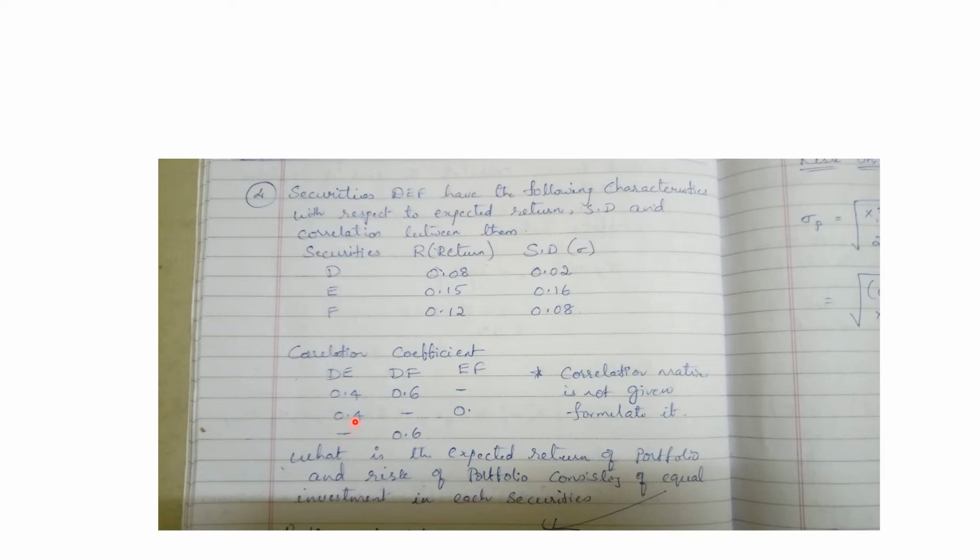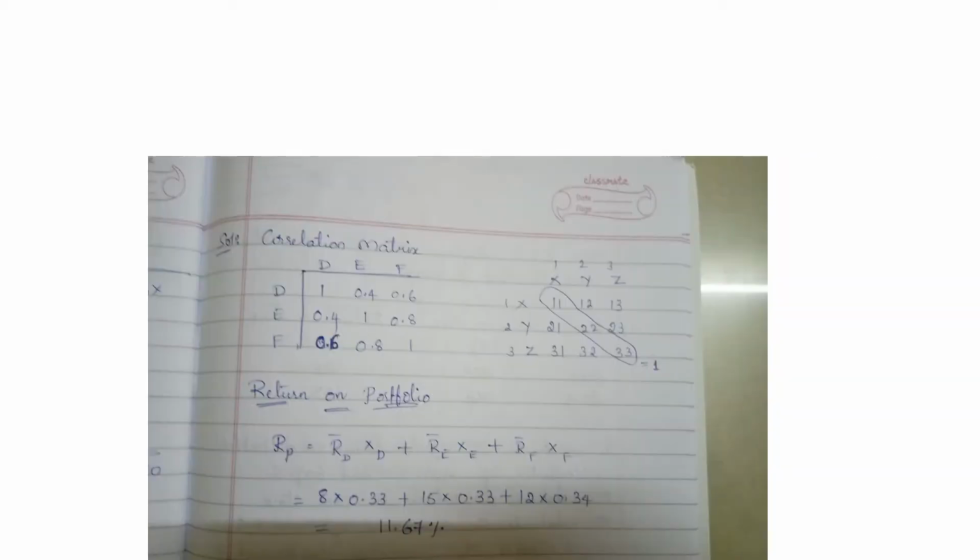So here 0.4, nothing is given, this is 0.8. Make a note here, it is 0.8. So correlation matrix you have to prepare based on the values given.